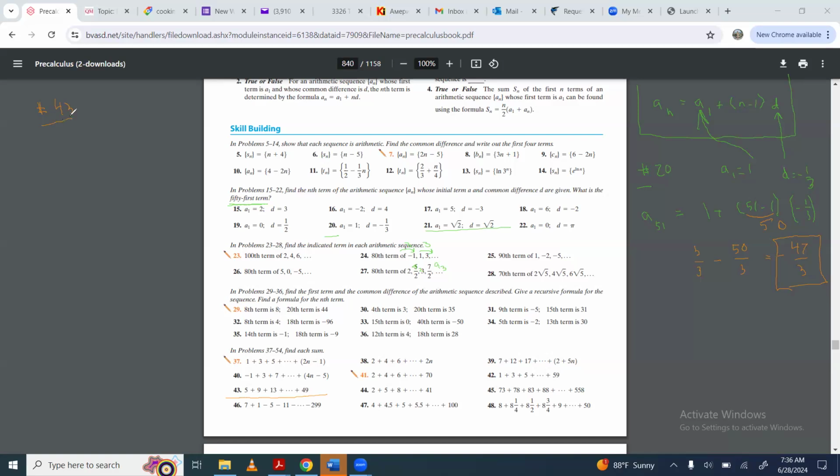We already used this idea before, so it looks like it started 5. So my a is first term, and put a1 or just a. It's 5.